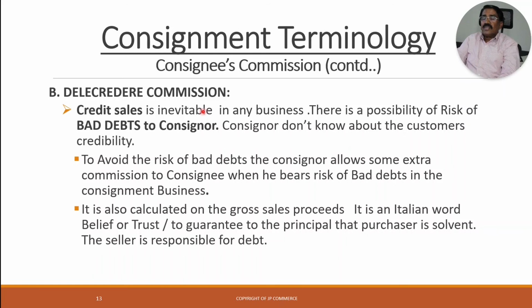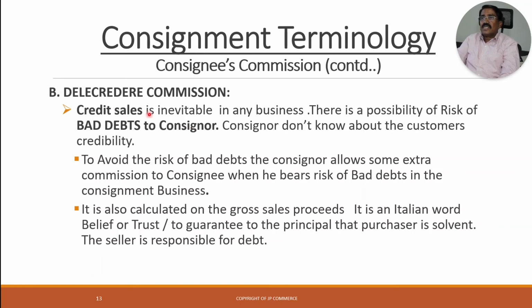In such a case, the consignee knows well about the credibility of the customers. If the consignee sold goods without taking utmost care, it leads to bad debts. That is a loss to the consignor.